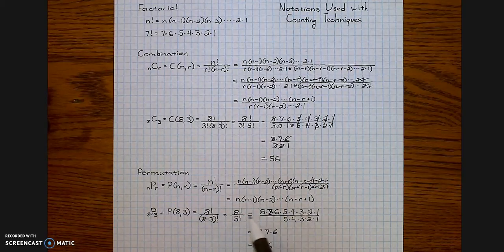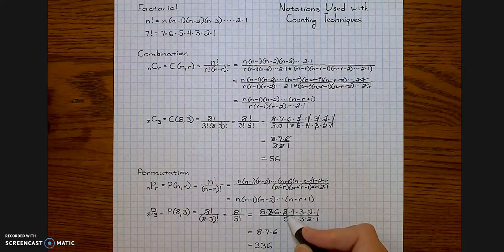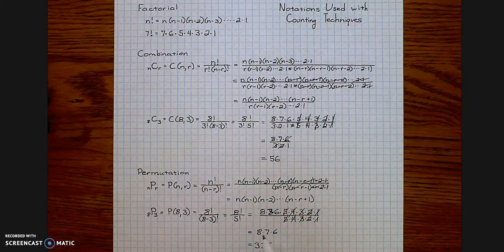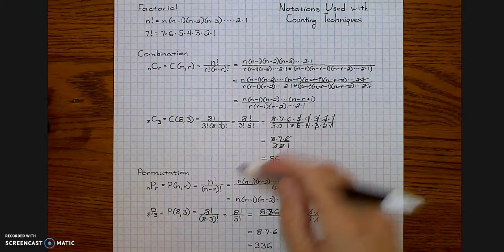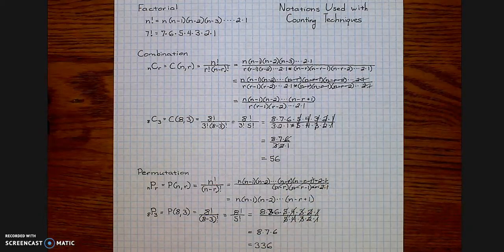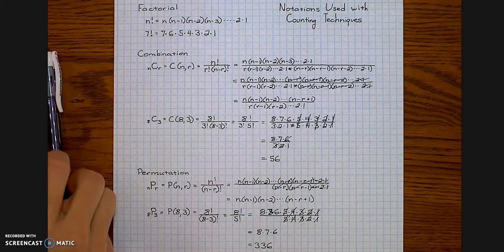And that simplifies to be 8 factorial in the numerator, 5 factorial in the denominator, and then written out longhand, you'll see the common factors of 5, 4, 3, 2, and 1 reducing out, leaving us with 8 times 7 times 6, which is 336. So we see that the answer for permutation that used the exact same values as that for the combination has a higher value.